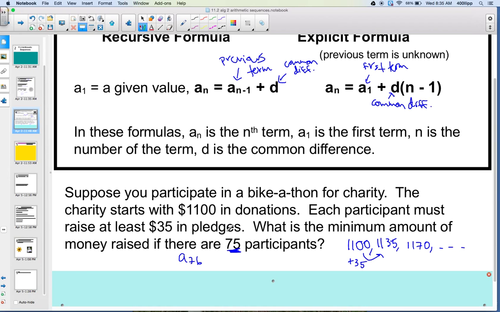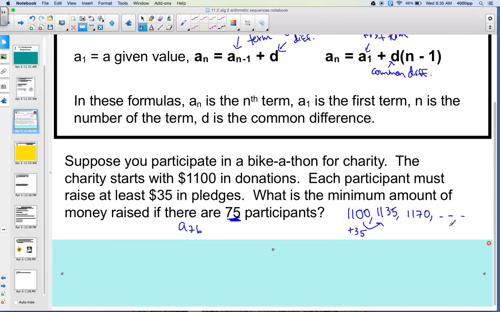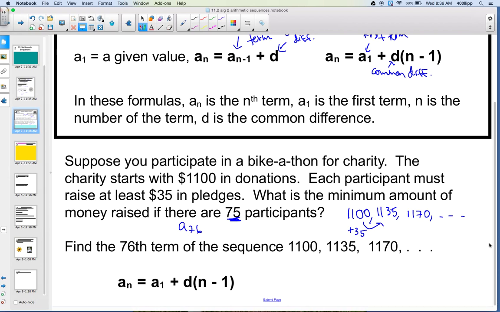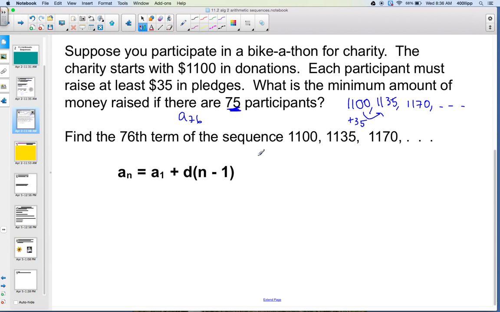So therefore, if we're trying to find the amount of money raised for 75 participants, that's going to be the 76th term. So what we're going to do here is we're going to use the explicit formula and find a sub 76. And we're going to use the explicit formula here because then we don't have to list all 76 terms. Okay, so here's our formula.